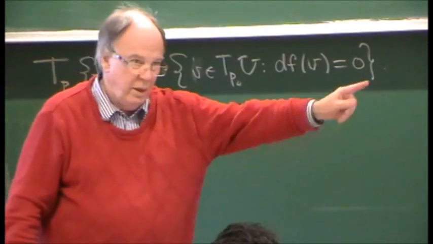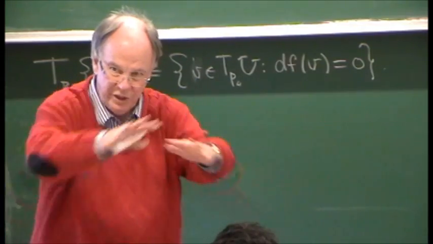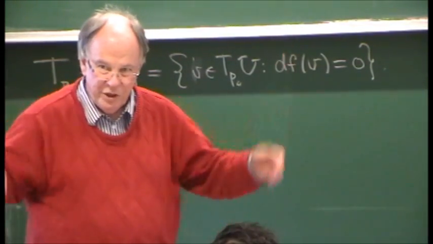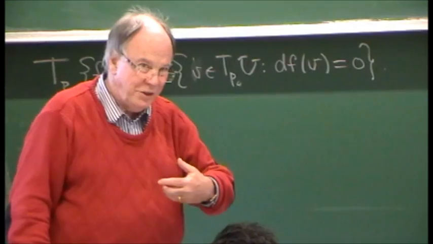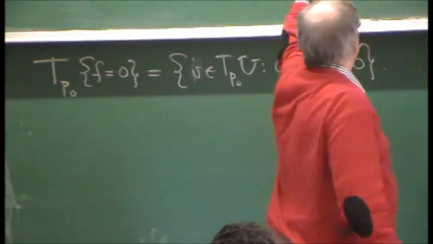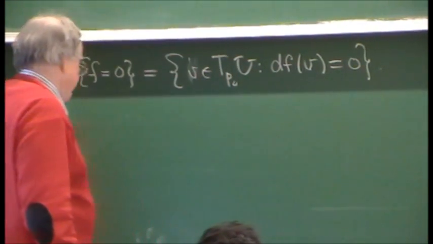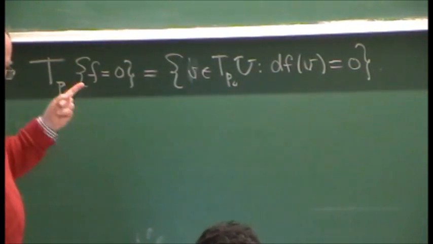So you agree with me that if I take a curve and take the velocity vector for a curve, the curve is in this set, f is constant, I differentiate, I get 0. That's one direction. Conversely, you can just check that this is exactly what you get. That is the tangent space.